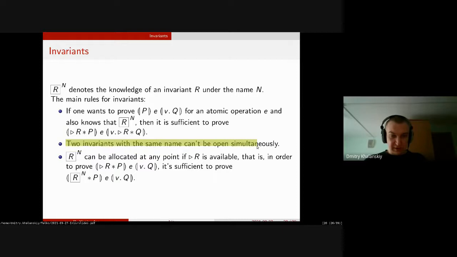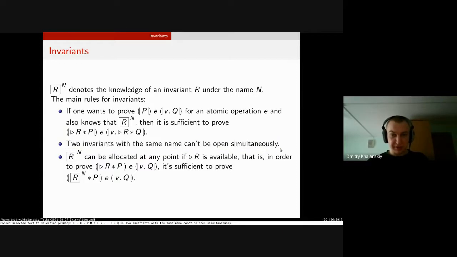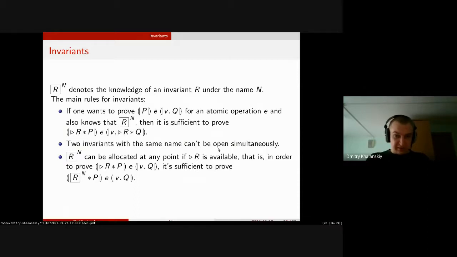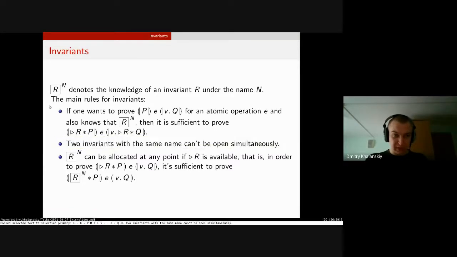Another rule is that two invariants with the same name cannot be opened simultaneously. This is intuitively a robust rule. Let's imagine that there is an invariant that owns some exclusive resource, like a points-to connective.